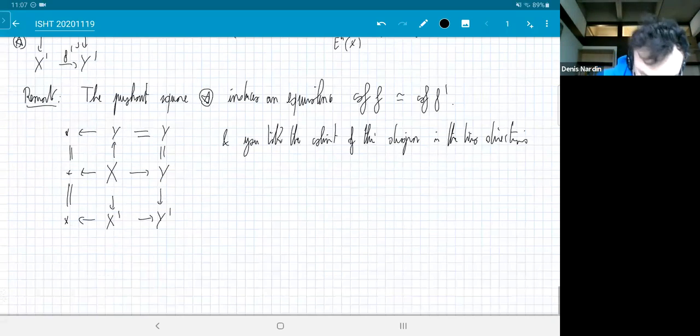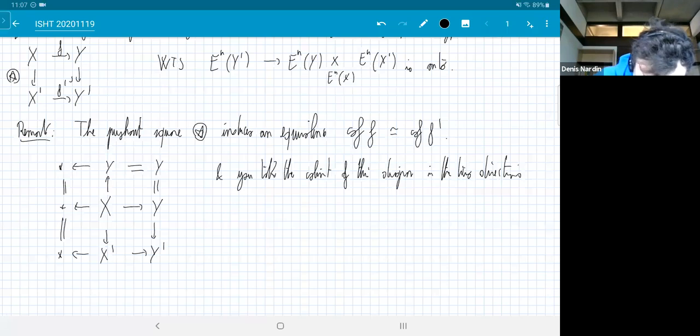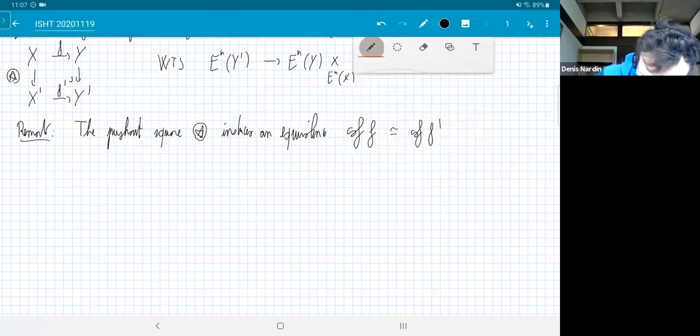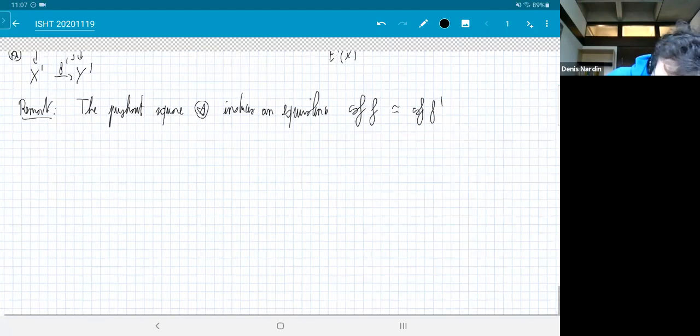So if you take it first vertically and then horizontally, you get, no, I'm sorry, I'm doing this wrong. Let me step back for a minute. What do I want to say? Oh no, I'm sorry. This is a lot easier.